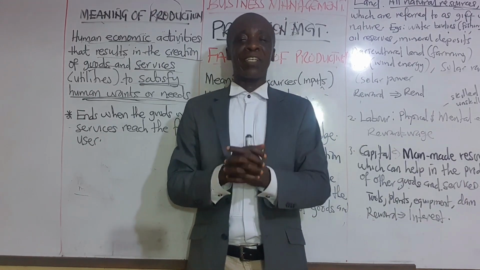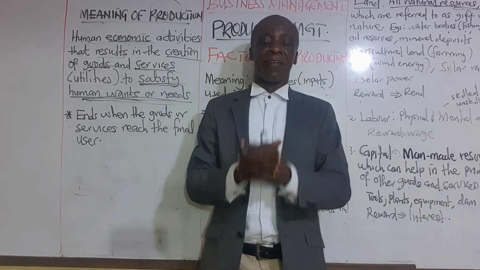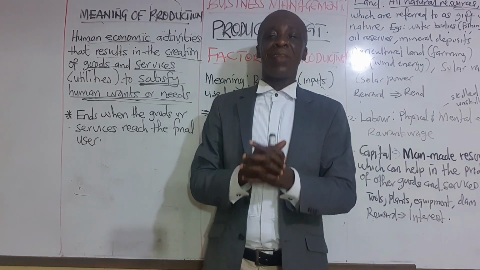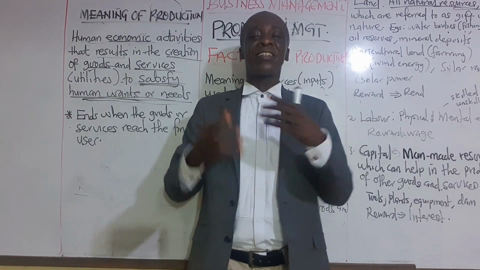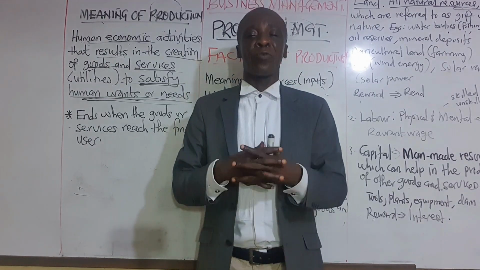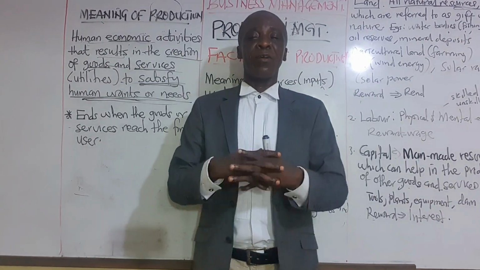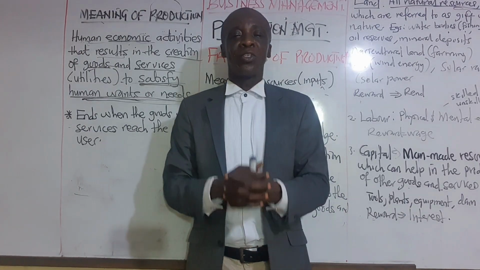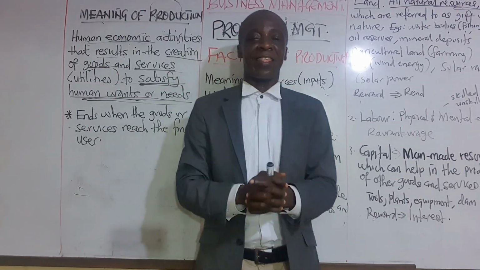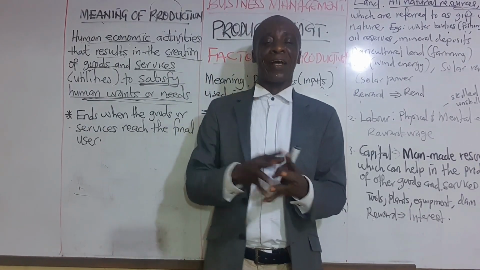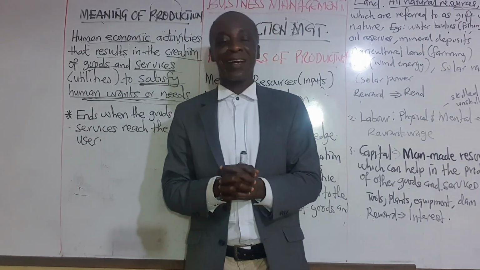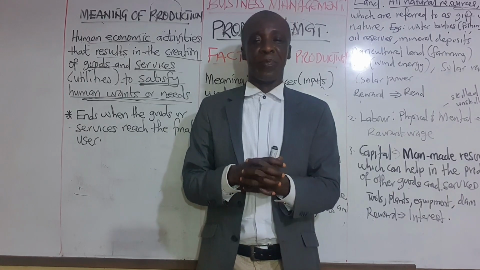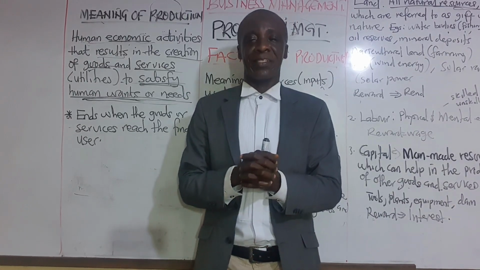So when you say factors of production, we are looking at the resources, the inputs that are used in the creation of goods and rendering of services. So we said traditionally we have four main factors: land, labor, capital, and then the entrepreneur or the enterprise.